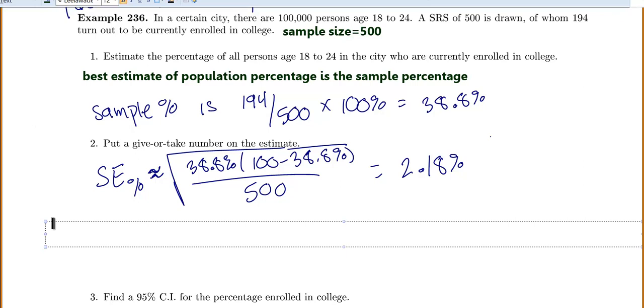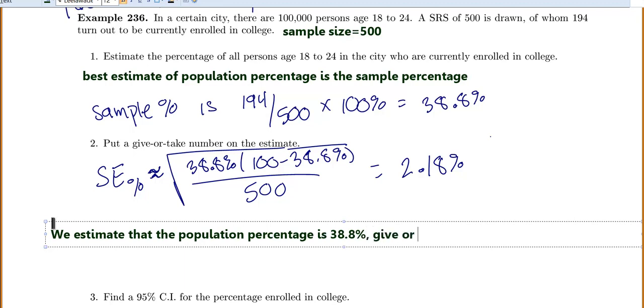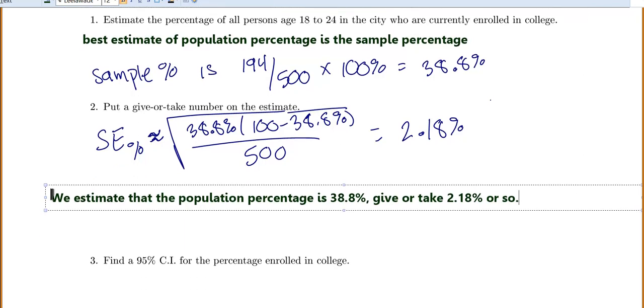So what does this mean? We estimate that the population percentage is 38.8%, give or take 2.18% or so. That tells you how much you're likely to be off.